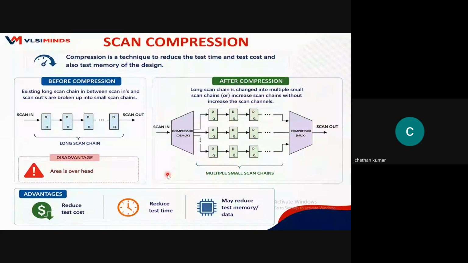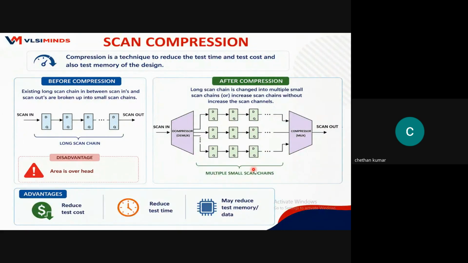Scan compression is nothing but reducing the test time, test cost and also test memory. That means if the chain length is high, more patterns are required. Instead of that, we divide it, and then a smaller number of patterns get generated.